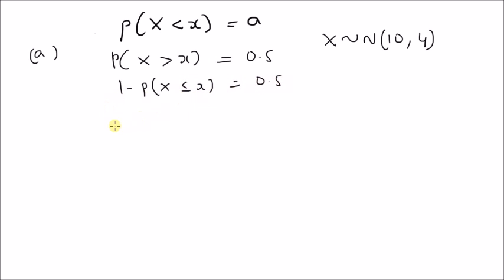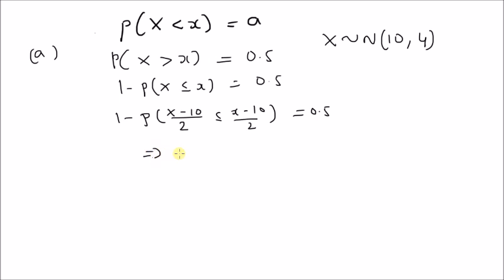Now this can be transformed into standard normal probabilities of the standard normal random variable by simply transforming the values on both sides of the inequality. That is, probability of (X minus mu) by sigma, that is (X minus 10) by 2, less than or equal to (x minus 10) by 2, is equal to 0.5.